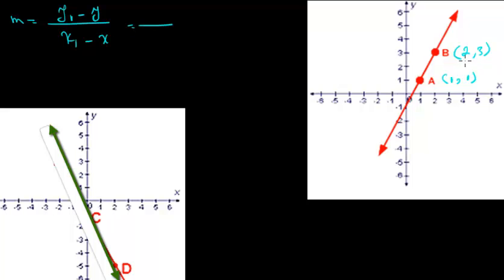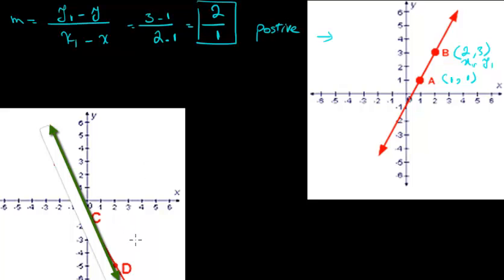Let's call this one x1 and y1. So y1, which is 3, minus the second y, which is 1, over x1, which is 2, minus 1, and we'll have 2 over 1. This is the slope of this line, which is a positive slope.